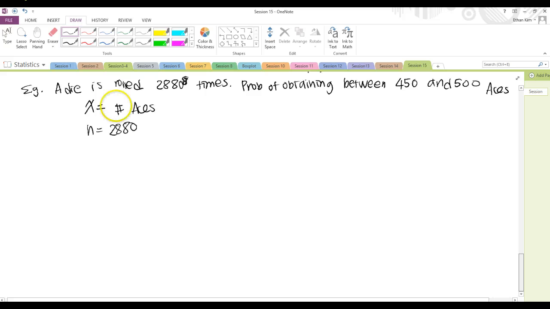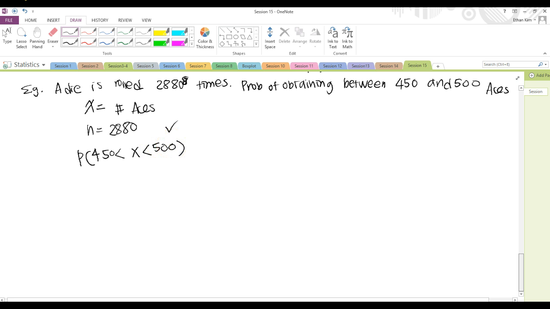These are independent trials, and first of all, n is greater than 30, so it is safe to use normal approximation. And the probability we're looking for is x in between these two values.